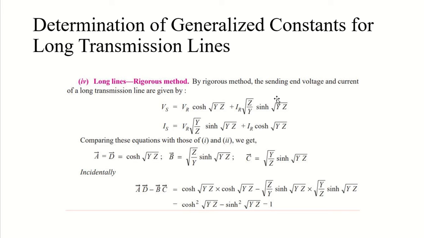If your answer is anything except 1, you again have to do the math and derive the generalized constants for long transmission lines. It is pretty much the same for all types of lines, for medium, nominal pi, nominal T, and everything. So that was the determination of the generalized constants for the long transmission line.